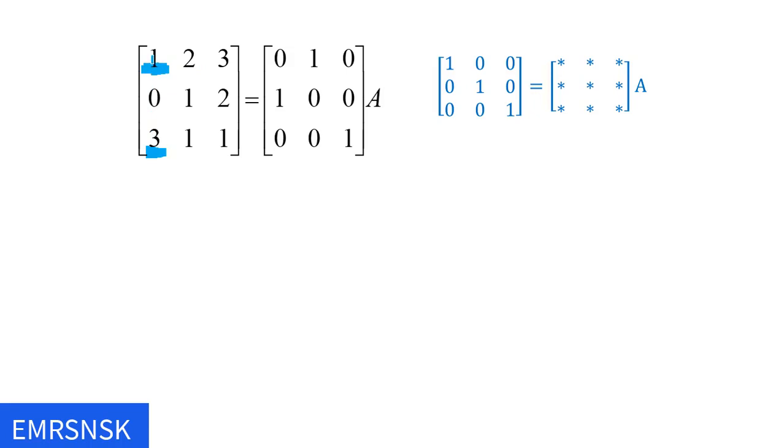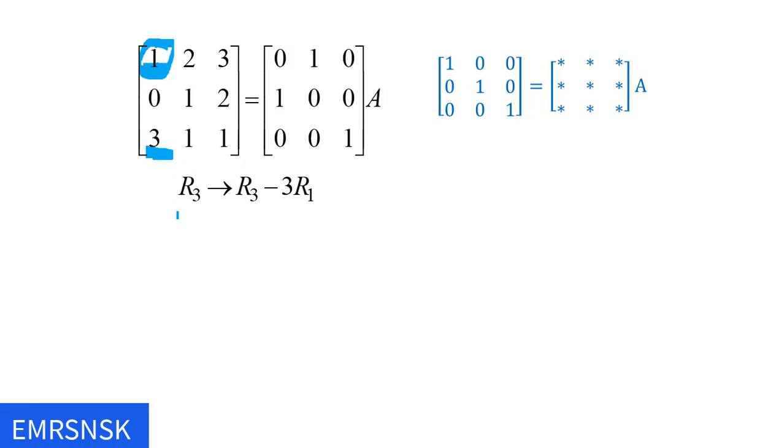If I take R3 goes to R3 minus 3 times R1, this element will be 0. So which elementary transformation am I going to apply? R3 goes to R3 minus 3 times R1.